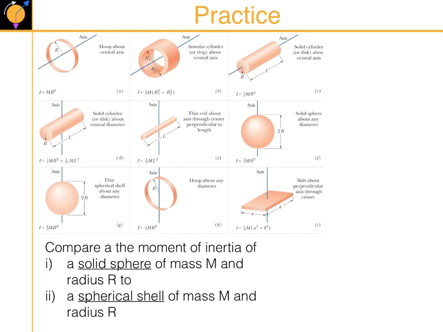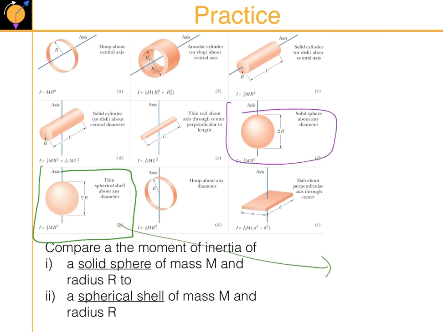Another example, you would see something similar if you were to compare a thin spherical hollow shell of radius r and mass m to a solid sphere of radius r and mass m. If you think about the cross-section, for the shell the mass is all on the outside and the inside is empty.